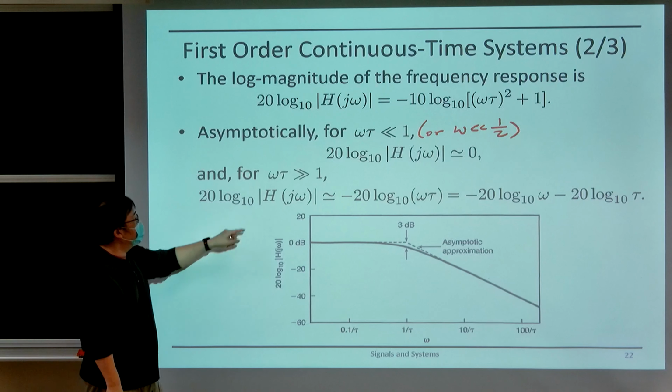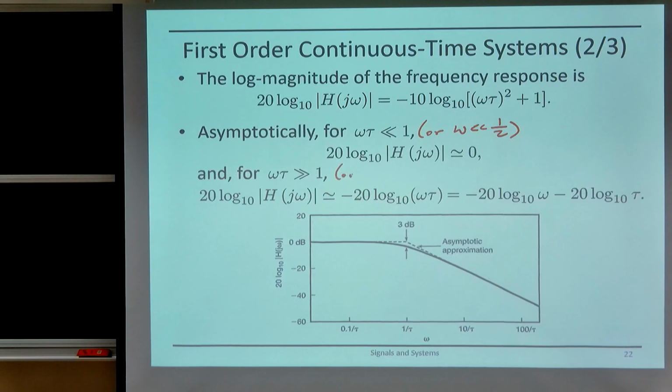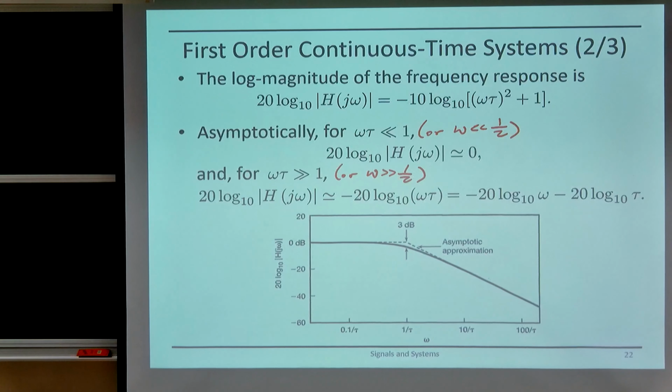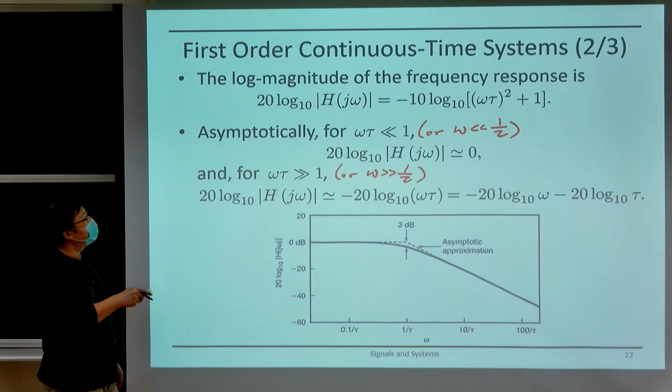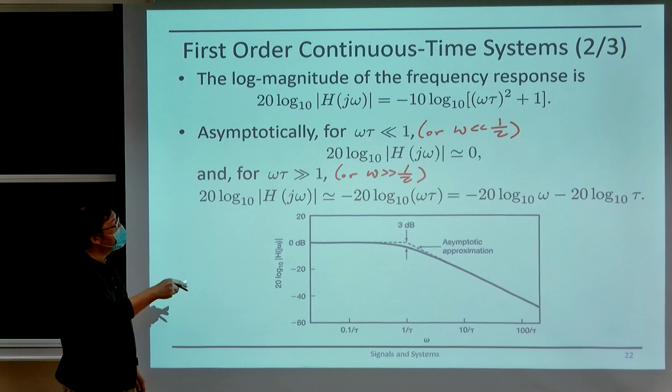Now, when omega tau is much greater than 1, or in other words, if omega is much greater than 1 over tau at high frequency, then this term dominates, so we can neglect this 1.